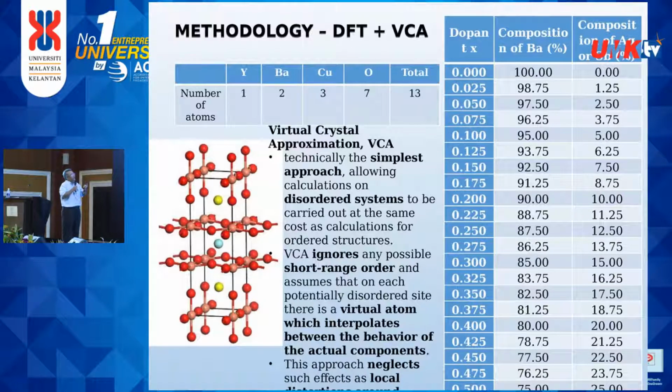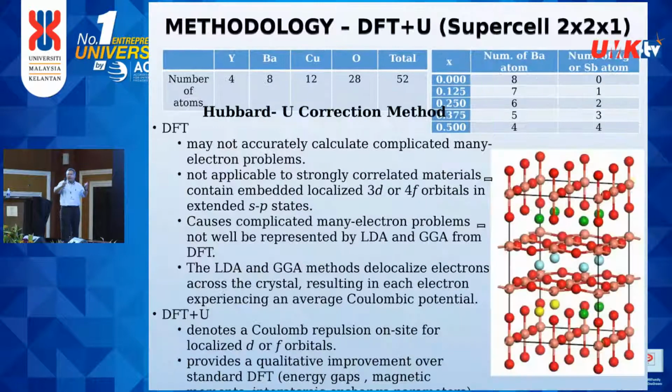And then we introduce DFT plus U, and we have to expand the cell into a 2 times 2 times 1 supercell, where we can see there are 2 crystal structures of YBCO along X, because we use 2 crystal structures. But for Y and Z, they remain similar.